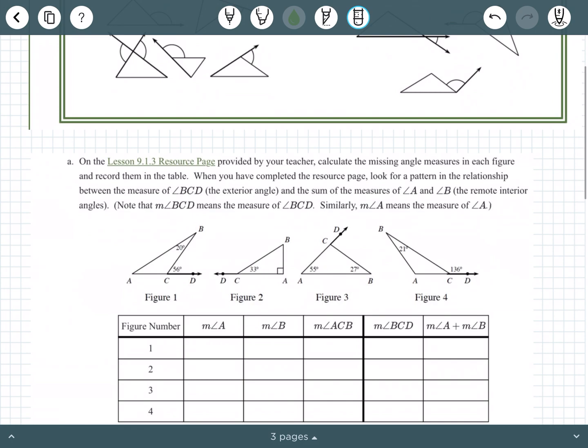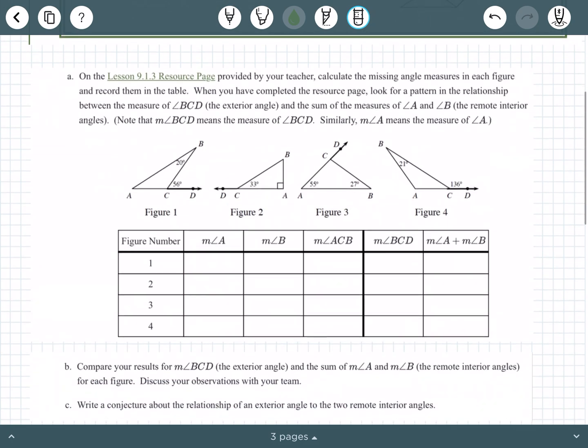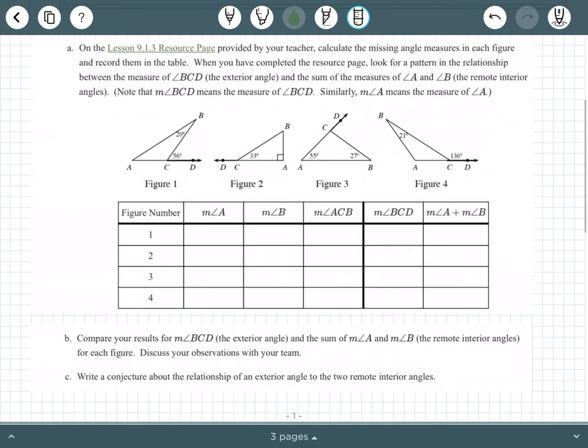All right, let's have a look at part A. It says, on the lesson 913 resource page, well, we don't have that, so you are going to have to copy this table down. It says to calculate the missing angle measures in each figure and record them in the table. When you have completed the resource page, look for a pattern in the relationship between the measure of angle BCD, which is the exterior angle, and the sum of measures of angle A and angle B, the remote interior angles.